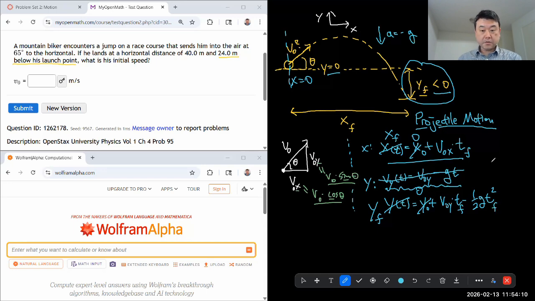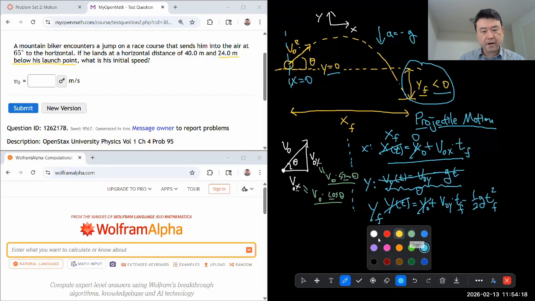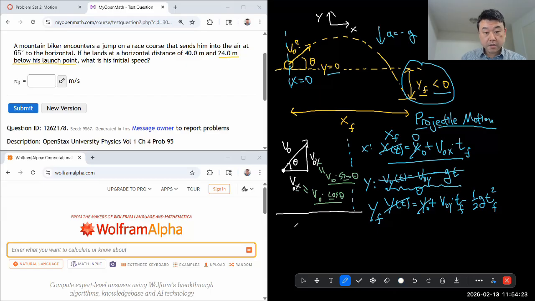Yeah. So let me write down the cleaned up version of these equations. And this is the part that makes the question slightly harder than other projectile motion questions you might have seen. So I write down x final is equal to v naught cosine theta, which I'm given theta, thankfully, times the t final.